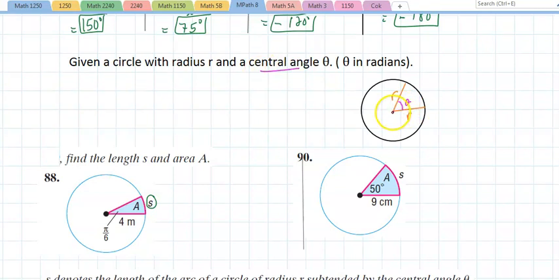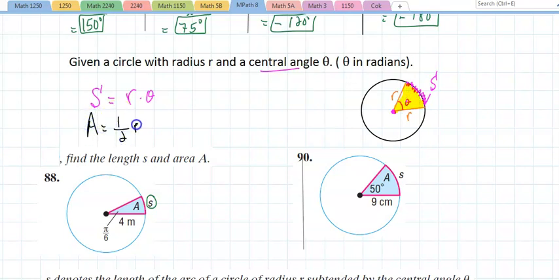That's an angle that has its vertex on the center of the circle. If you take this length, we call that s. If we take the walking distance on the circle and we put it on a flat surface, that is the radius times theta. And if we take this area, it's called area of a sector.